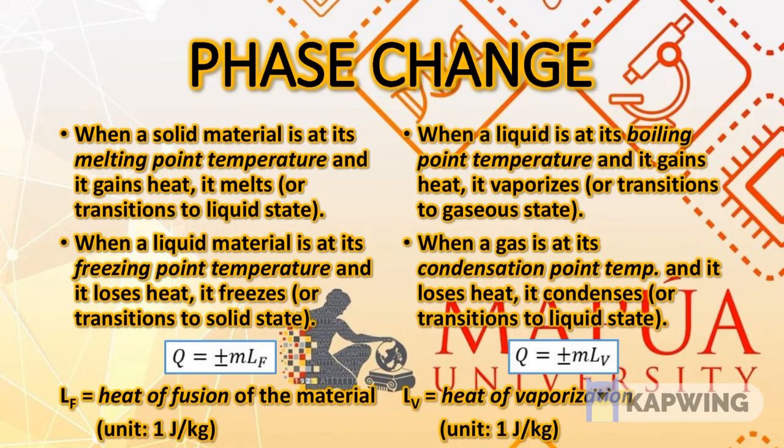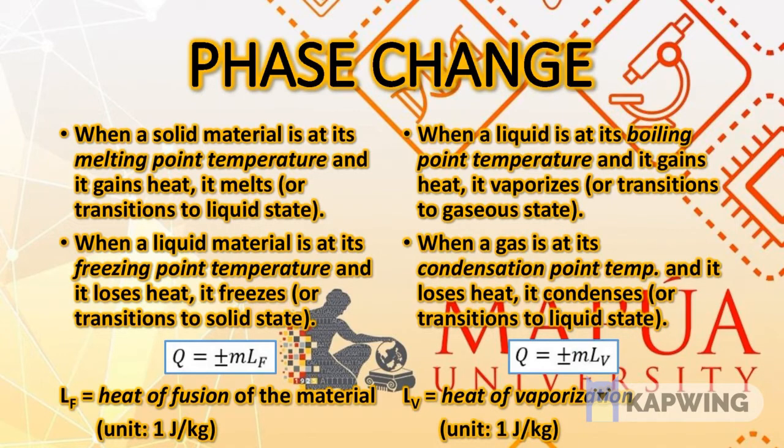When a solid material is at its melting point temperature and it gains heat energy, the object will melt, or transition from solid state to liquid state. On the reverse side, when a liquid material is at its freezing point temperature and it loses heat energy, the object will freeze, or transition from liquid state to solid state.